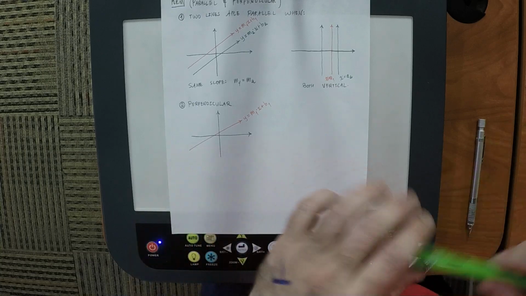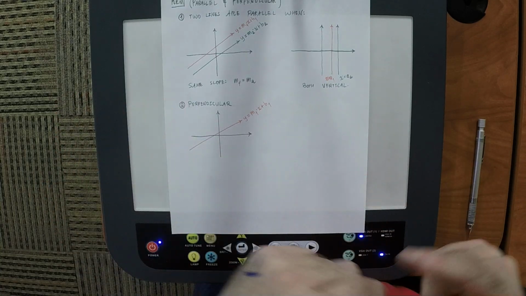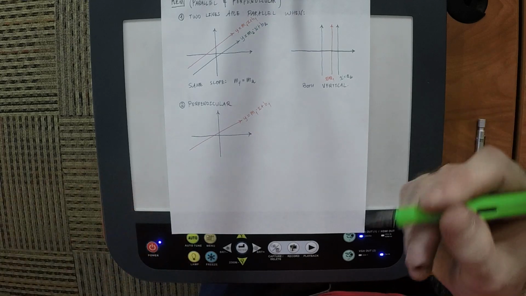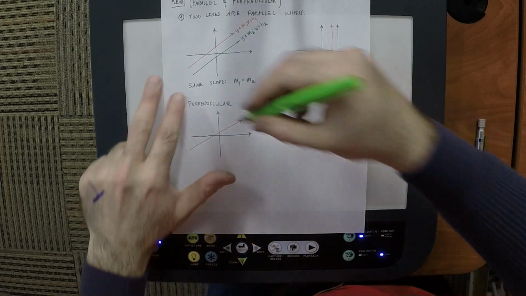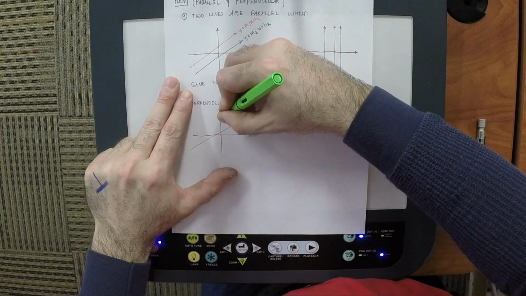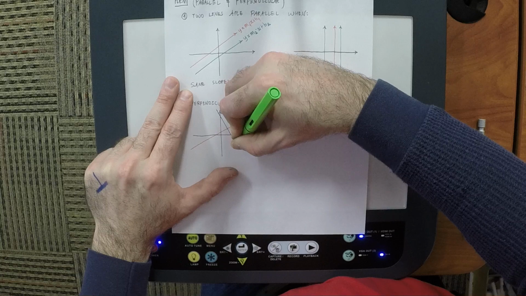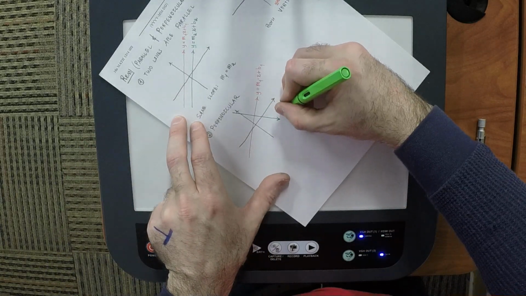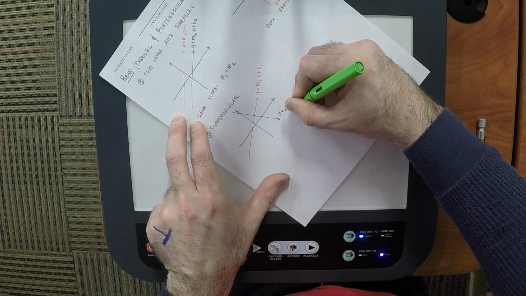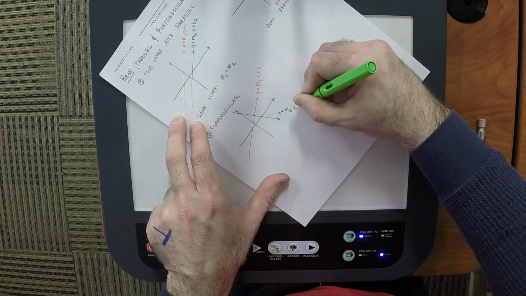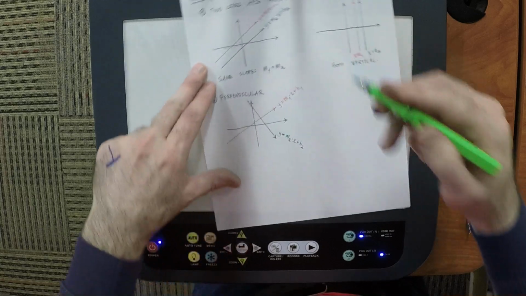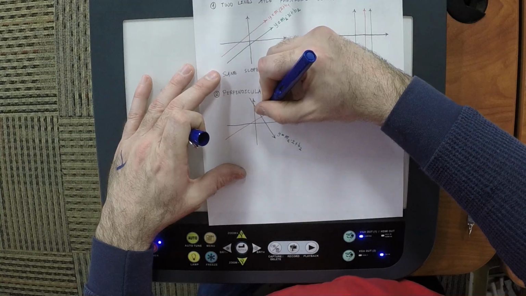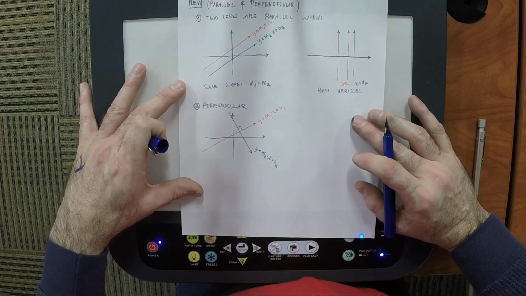What would it mean for me to draw a green line that is perpendicular to the red line? What does that mean? Okay, so visually, it's got to intersect, and moreover, it's going to intersect at a right angle. So it is, in a sense, kind of like the opposite of parallel.